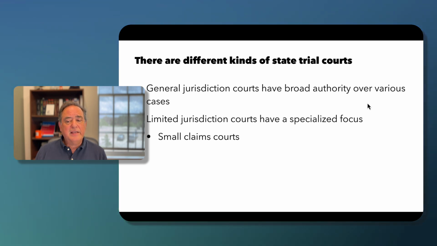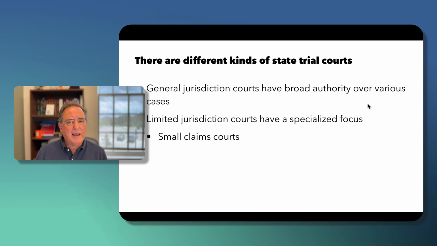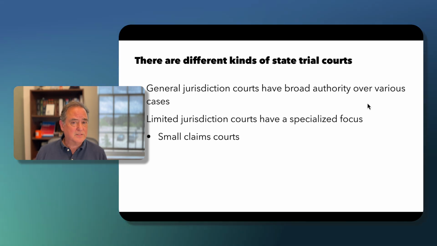So these courts are limited in their jurisdiction by what we call the amount in controversy. So small claims courts can hear any case as long as the amount in controversy is less than a certain amount, $10,000 in Texas.